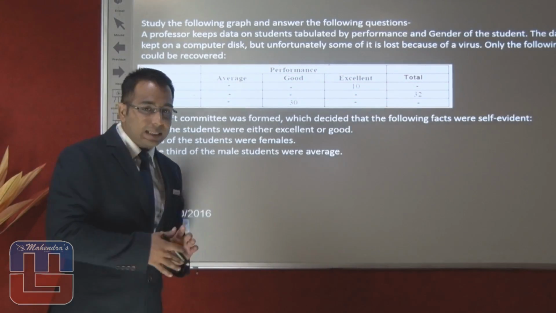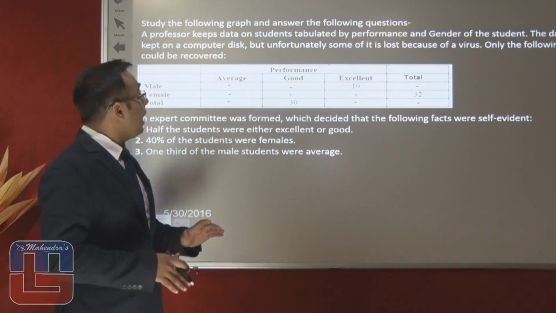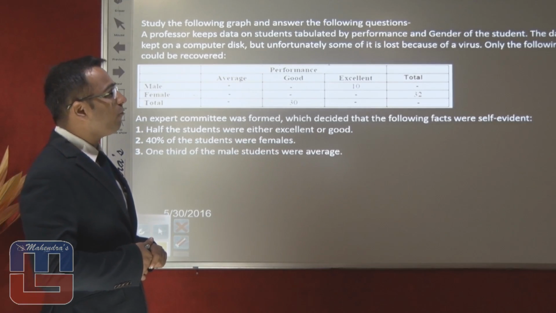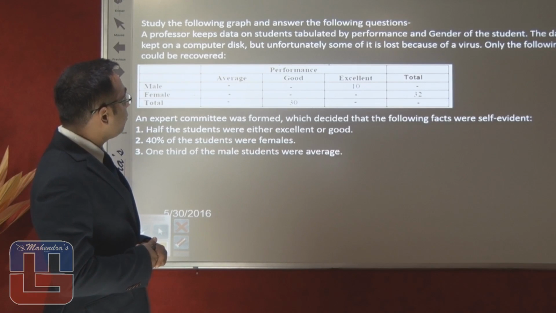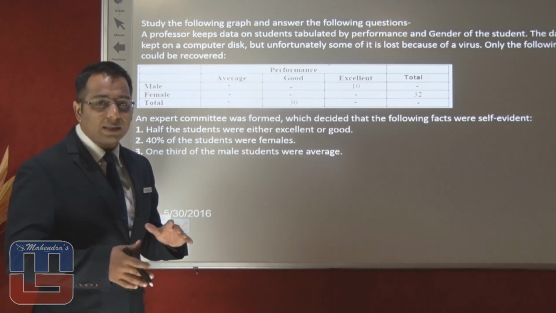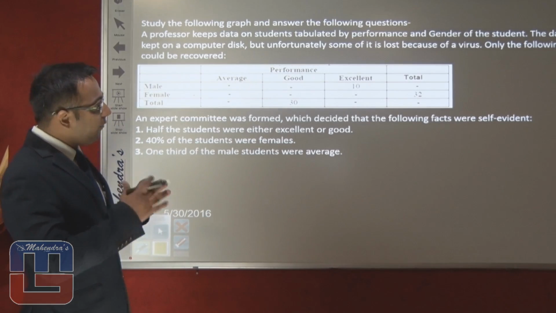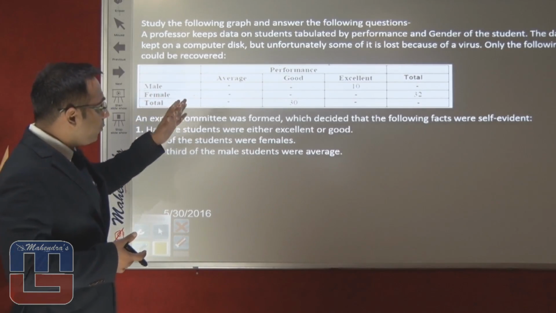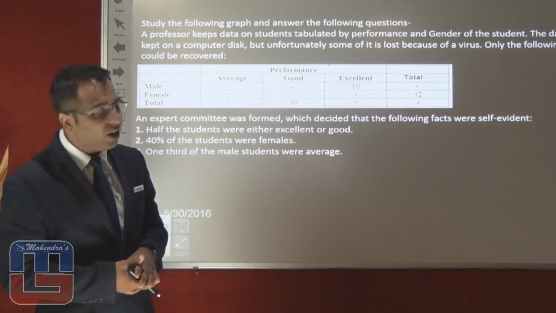Now the next puzzle which is given to us says a professor keeps data on students tabulated by performance and gender of the student. The data is kept on a computer disk, but unfortunately some of it is lost because of a virus. So see here, it is kind of a missing DI, where we have data given of male, female and total, with average, good and excellent performance, kept by a professor.